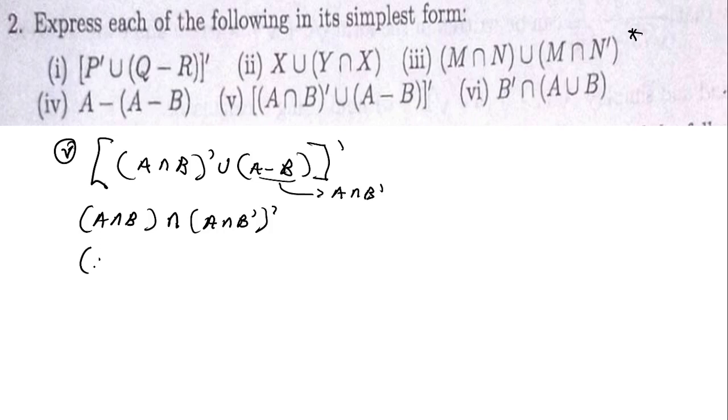So from there, this will be A intersection B, and then intersection this times that, this will simply be A complement union, and then what you are going to have is simply B, like that. Okay, so this is what we simply have in this particular case.